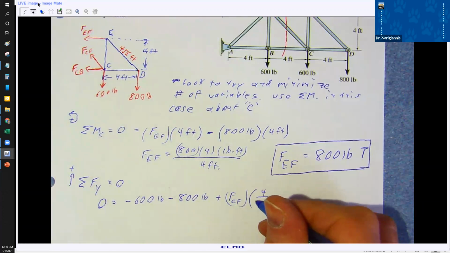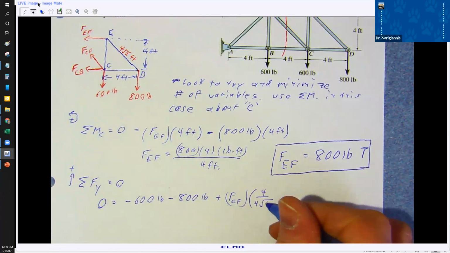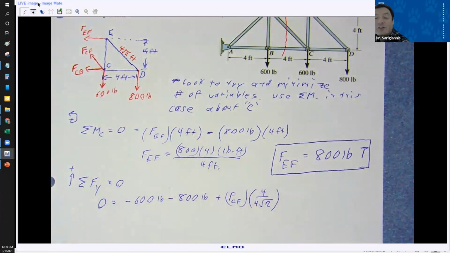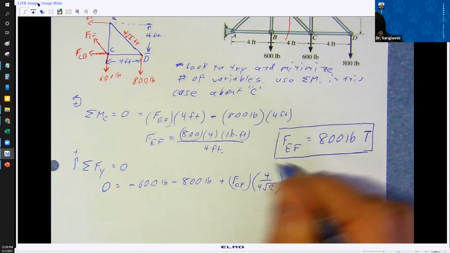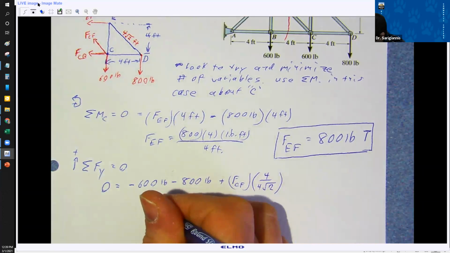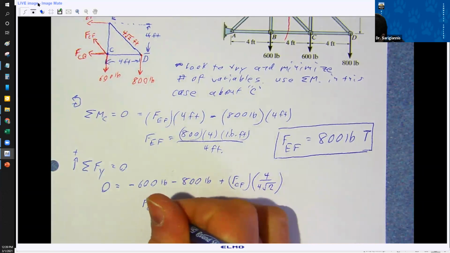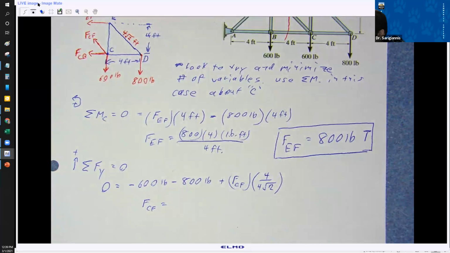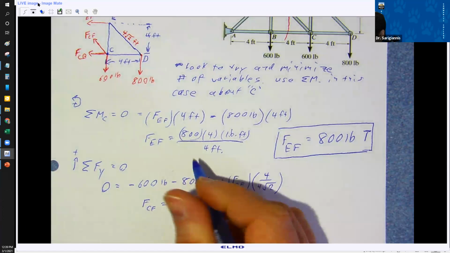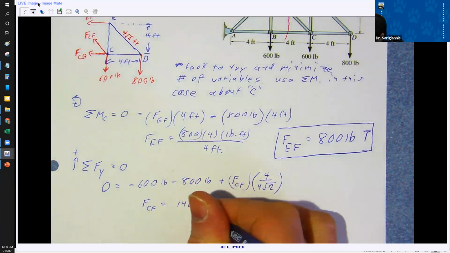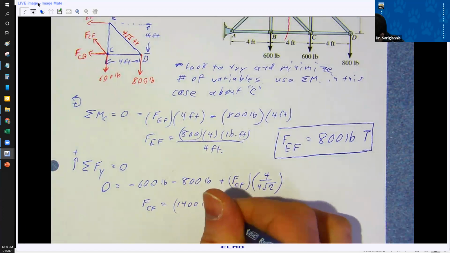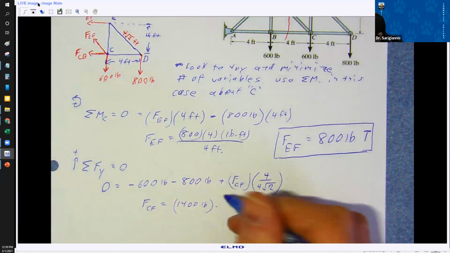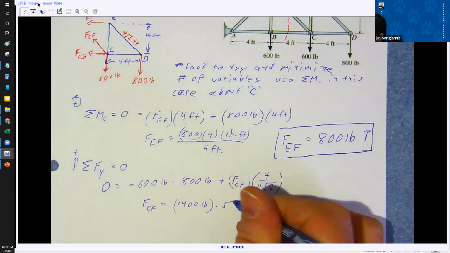And the Y component of that is 4 over 4 radical 2 of the hypotenuse, right? They're similar triangles. So this gives us an FCF of, what do we got? We're going to divide through, we've got 1,400 pounds times radical 2.